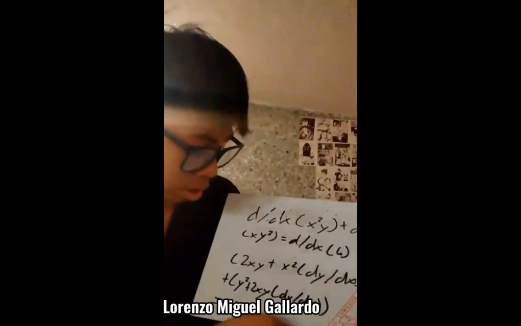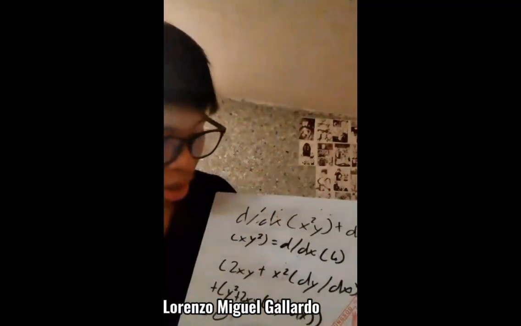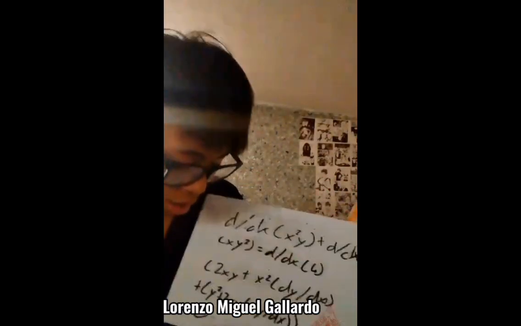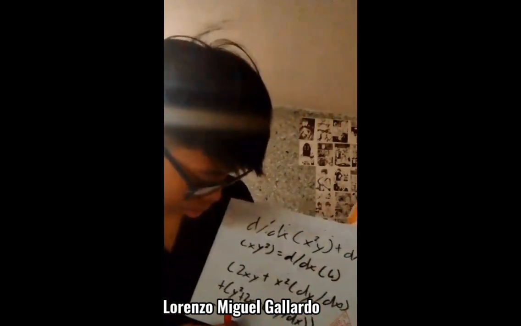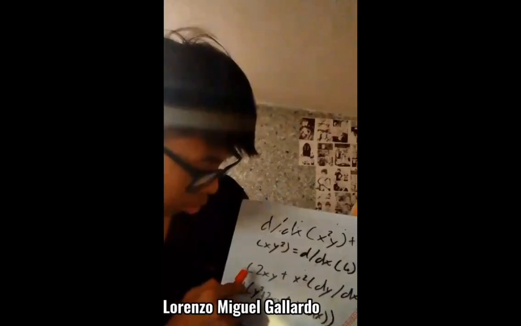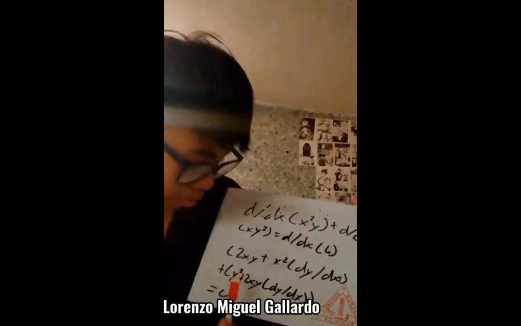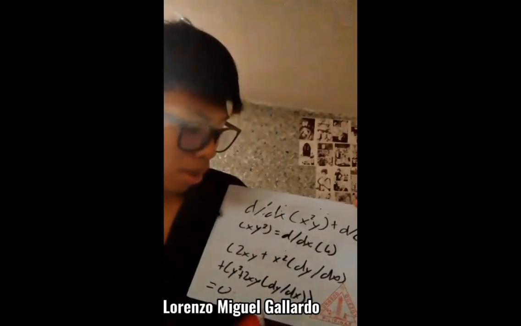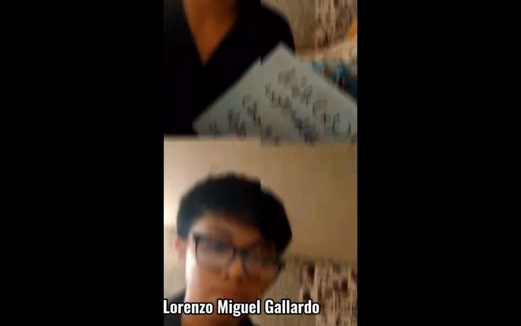And now the next step: 2xy plus x squared times dy over dx, plus y squared plus 2xy times dy over dx, and now it equals 0.